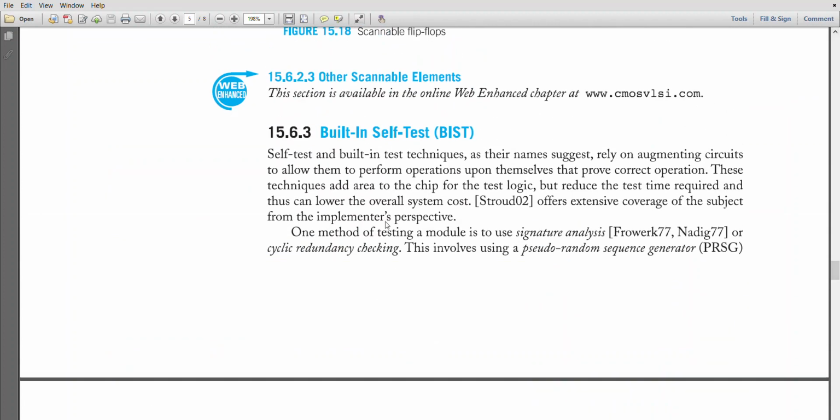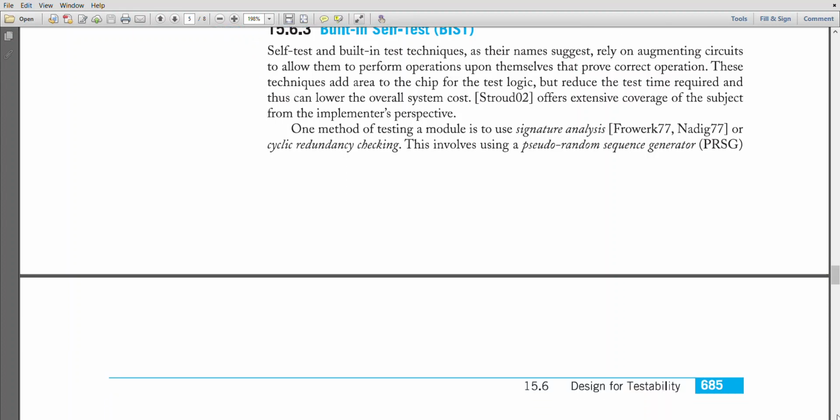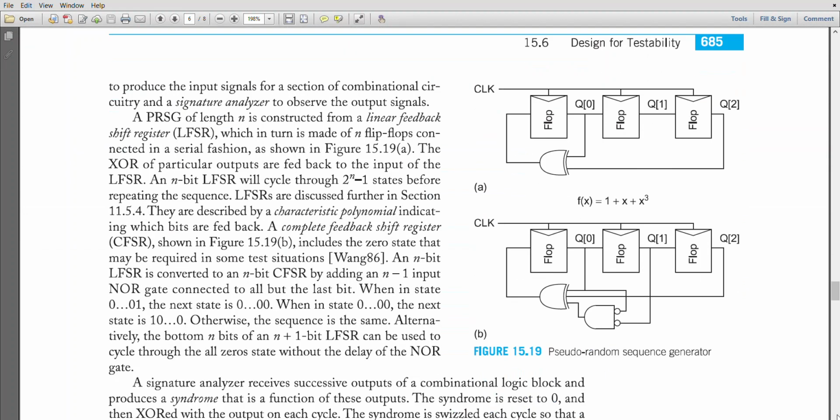One method of testing a module is to use signature analysis or cyclic redundancy checking. This involves using a pseudo-random sequence generator. A pseudo-random sequence generator can also be generated by a combination of registers, known as a linear feedback shift register, LFSR.